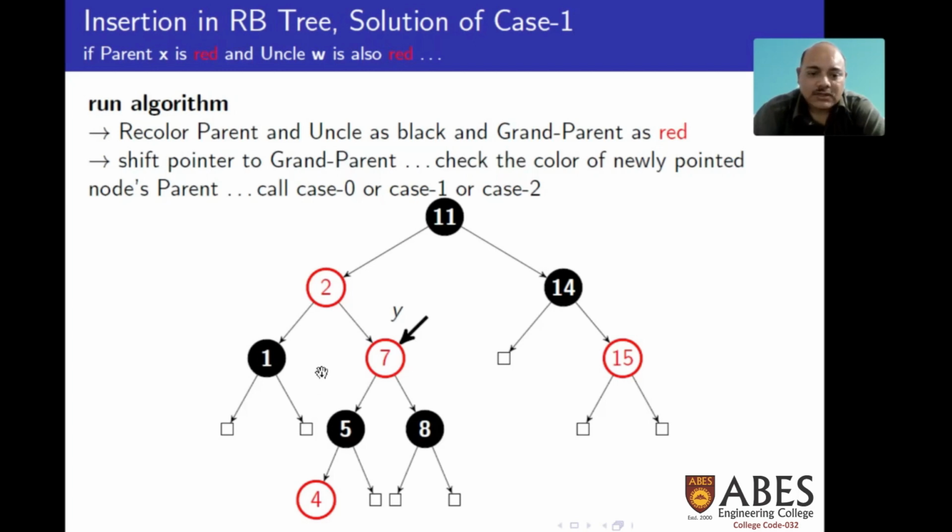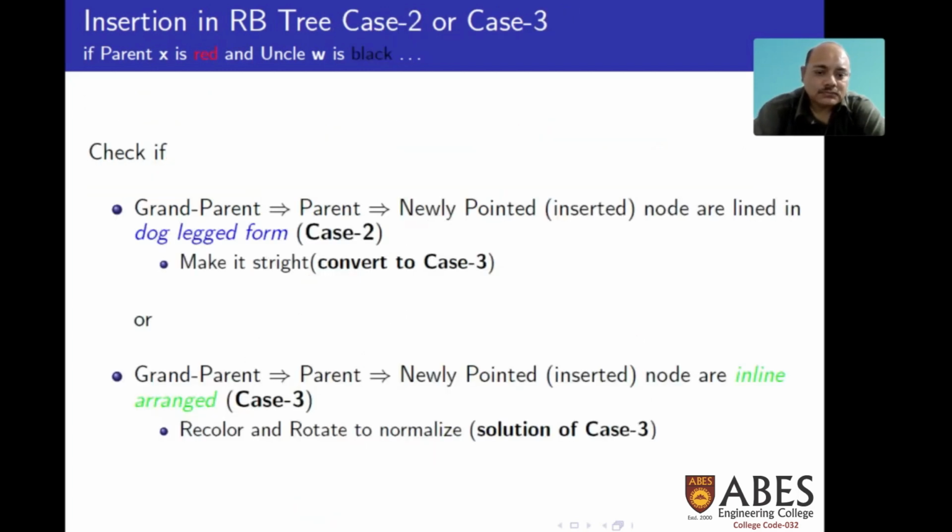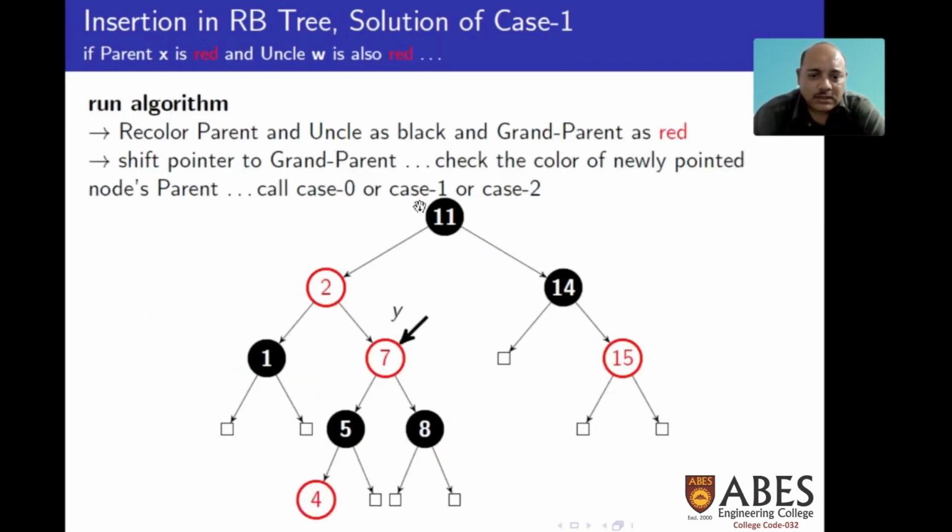After rotation we will have a picture with 11 on top, 7 on the left hand side, and 2 on the left hand side of 7. So it will be a straight combination, that means case 3.